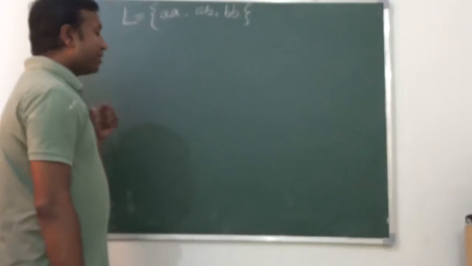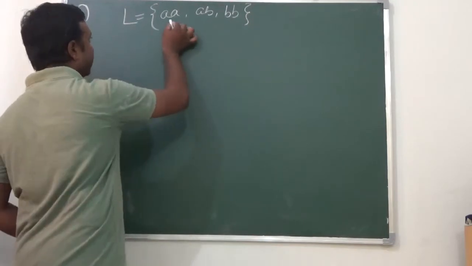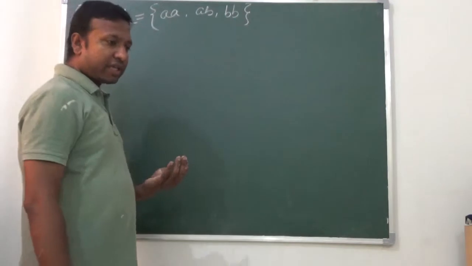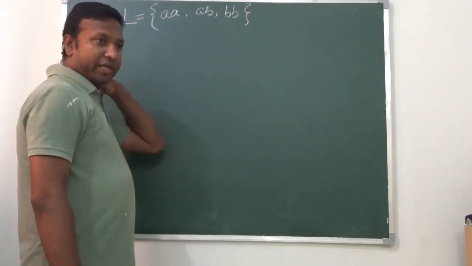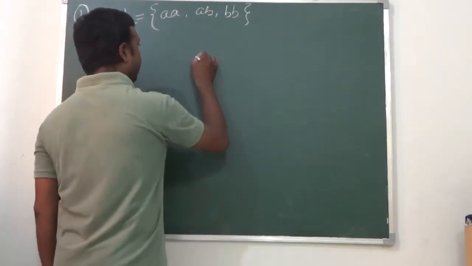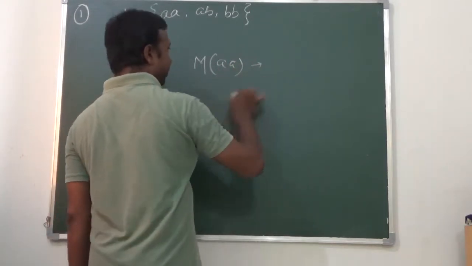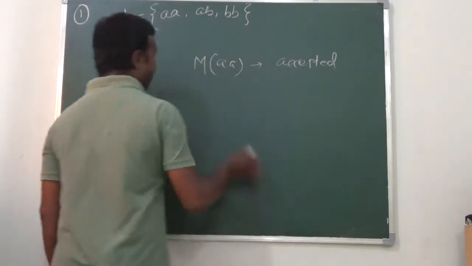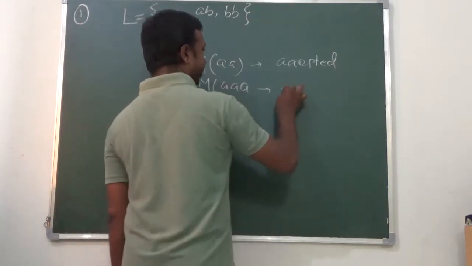Now what is the meaning of designing finite state machine for this particular language? The machine must accept AA, AB, BB, but machine do not accept any other string, right? That is the main point. So if machine is supplied with the input AA, the output will be accepted. But if I am supplying to the machine AAA, it should be rejected.